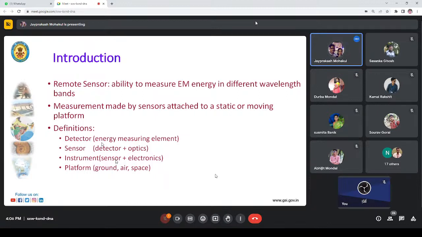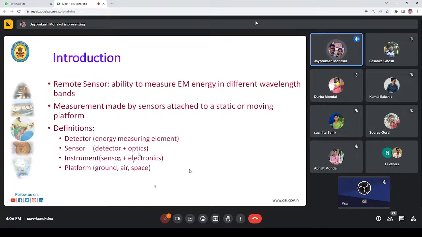It converts those electrical signals into a scale, right? That scale could be 0 to 255, it could be 0 to 1025, depending upon the binary system, that is the radiometric resolution of the sensor, right?